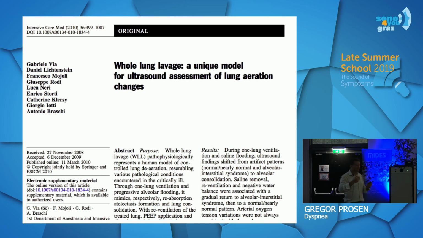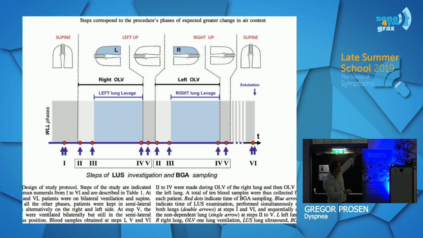The way you treat it is you selectively intubate one lung and then the other, and then you lavage, okay? And of course, they looked at the sonographic pattern while the lung was being submerged and cleared out. So what would logically be the initial pattern, before they started submerging?